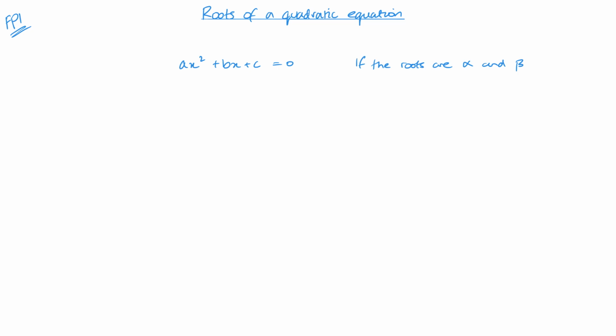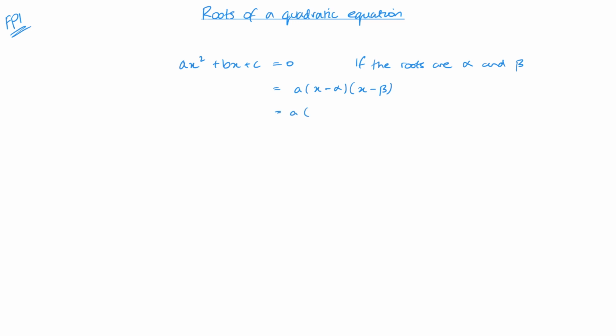So if that's the case, this is going to be a multiplied by x minus alpha multiplied by x minus beta, and we're going to have the a factorized outside because we're going to use that coefficient of a in this one.